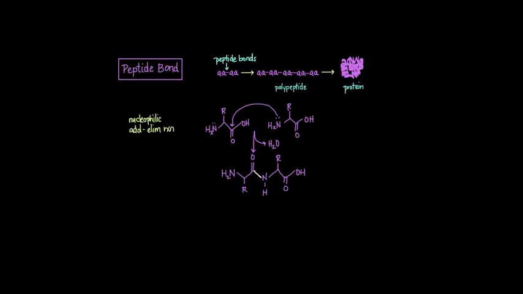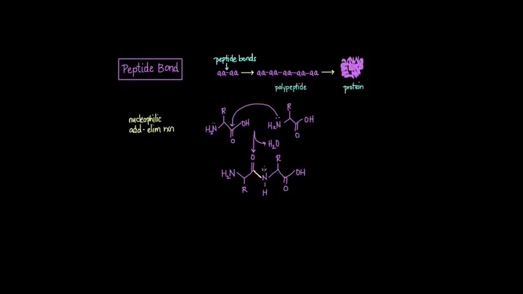Now remember that a peptide bond is just an amide bond that is formed between two amino acids. And you should also make note of the fact that this bond is a rigid and planar bond that is stabilized by resonance delocalization of this nitrogen's electrons to this carbonyl oxygen. So we can draw that out here.